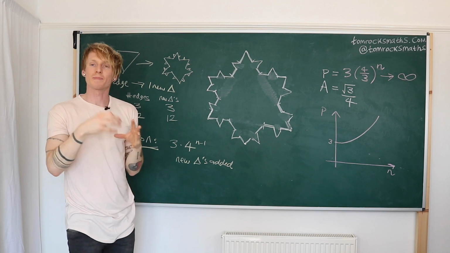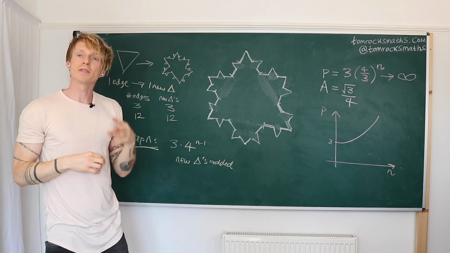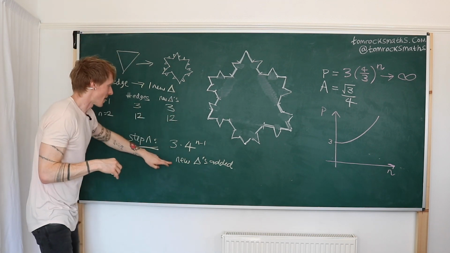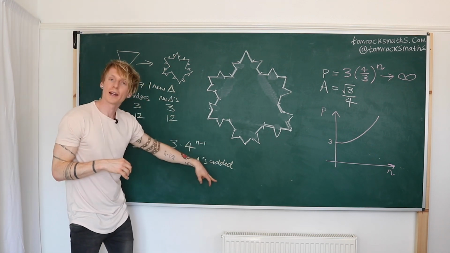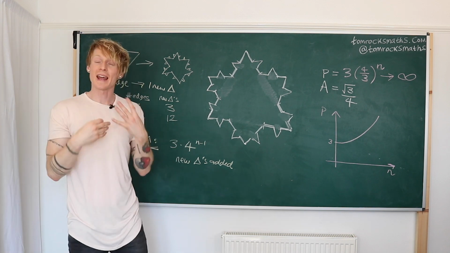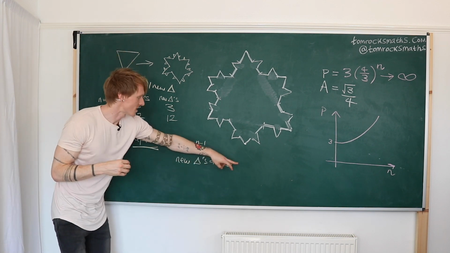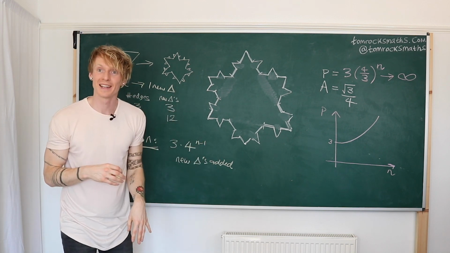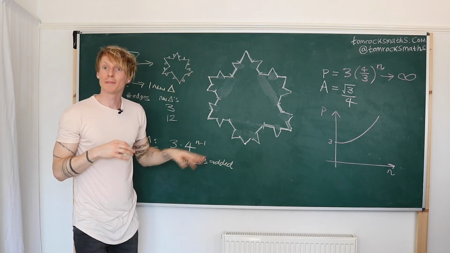So the area is always being added to. And the amount of area we add at each step is given by the area of the new triangles that we add. So the next step is to work out what is the relationship between the area of the new triangles added to those that are already part of our shape.